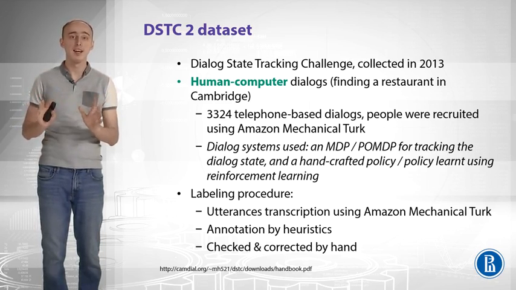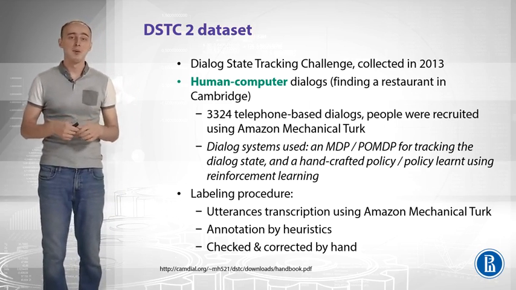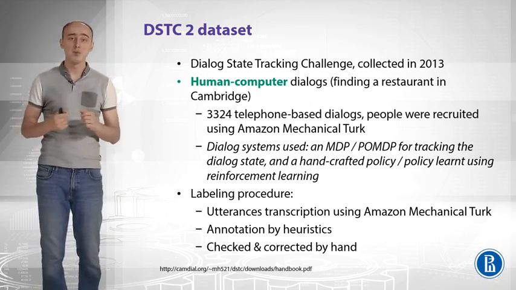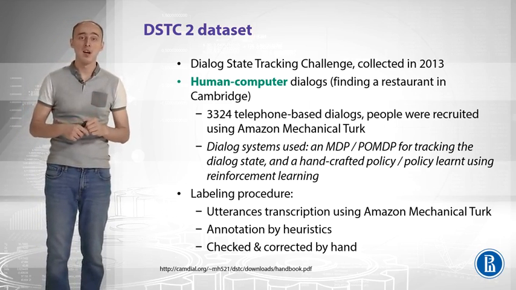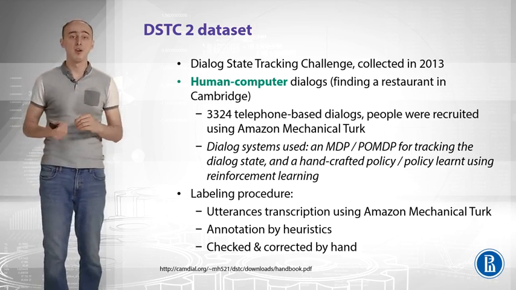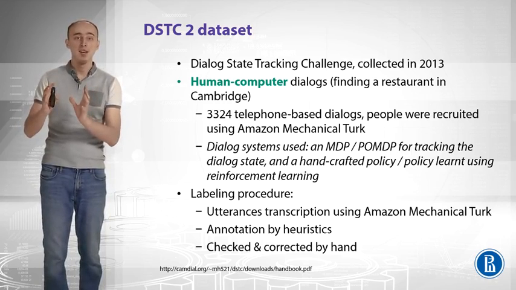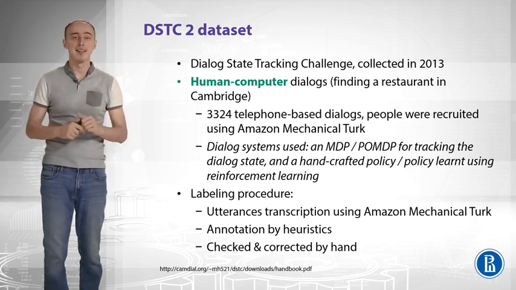These are regular users that use our system. They used several dialog systems, like a Markov decision process or a partially observed Markov decision process for tracking the dialog state, and a handcrafted policy or a policy learned with reinforcement learning. So this is the computer part of that dialog collection.